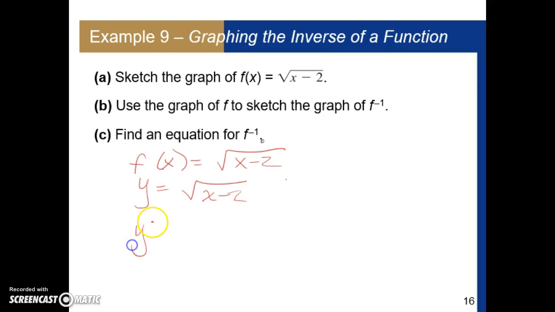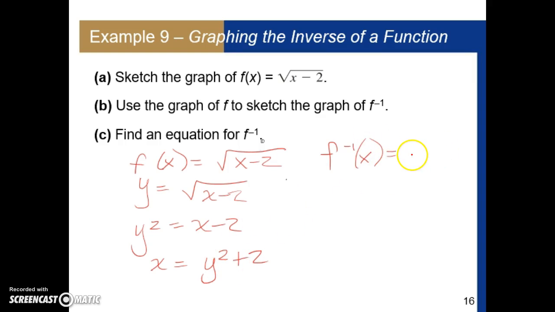We're going to square both sides, and then we're going to solve for x. So x is y squared plus 2. I'll put it back in inverse notation and put it in terms of x instead of in terms of y. So we have x squared plus 2 would be the equation for f inverse.